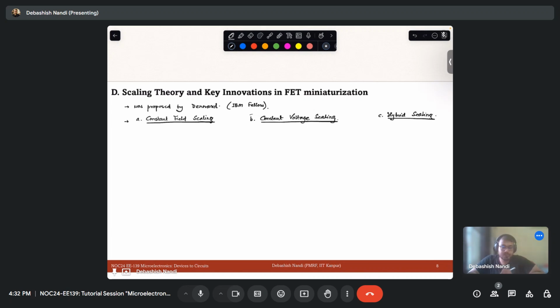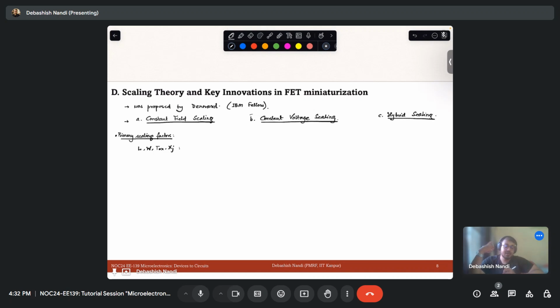So let us lay down the foundations. We have some primary scaling factors. What are these? Your channel length, width, TOX, junction depth, and whatnot.